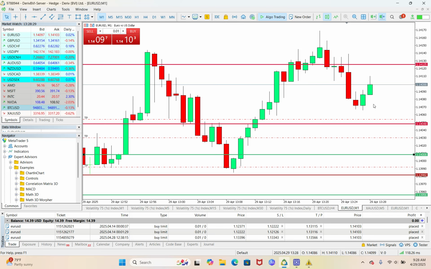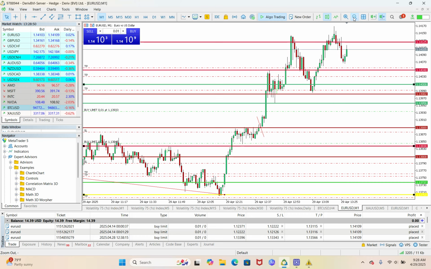So even if this trade wins, there's always going to be another trade and another trade and another trade, because the market will always move in the same way.